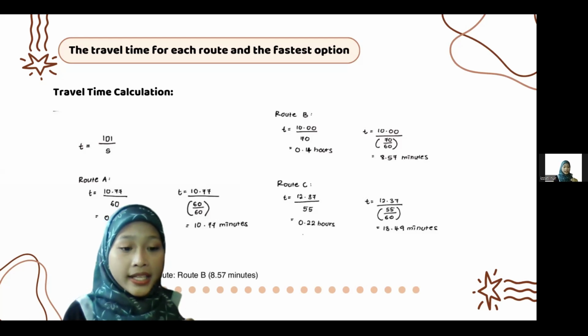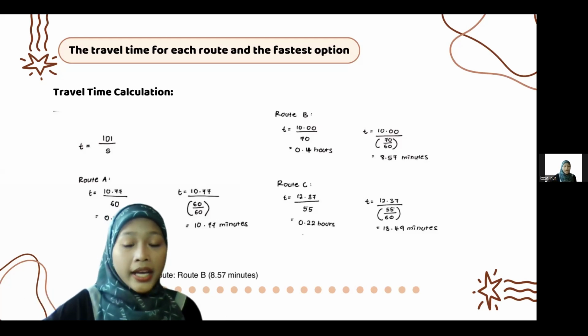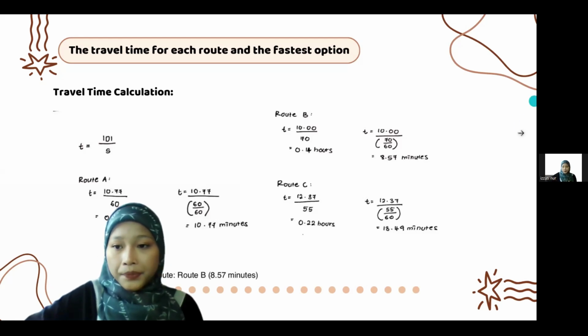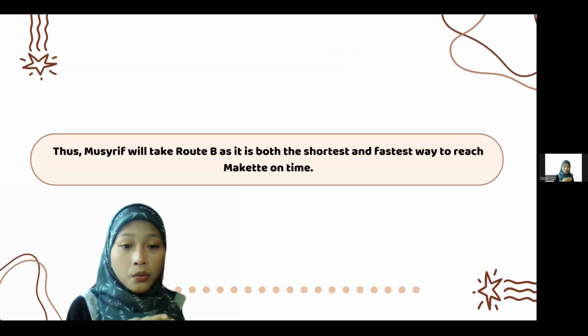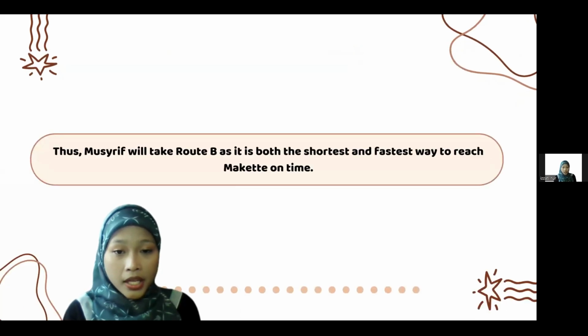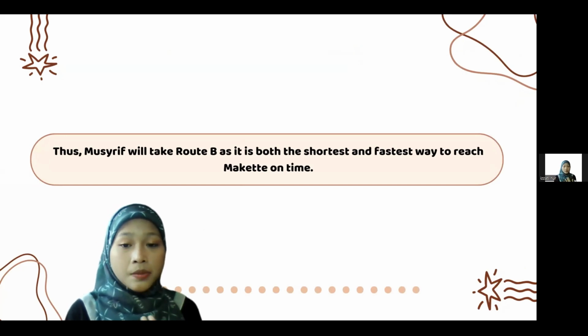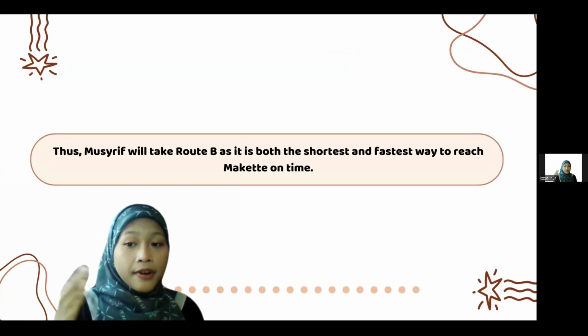So by this travel time calculation, we can say that the fastest route is route B, which only takes 8.57 minutes to arrive at Makete by 8 p.m. So we can conclude that Mushrif can take route B, as route B is both the shortest and the fastest way to reach Makete on time.